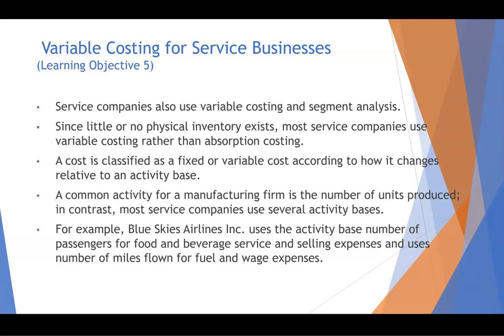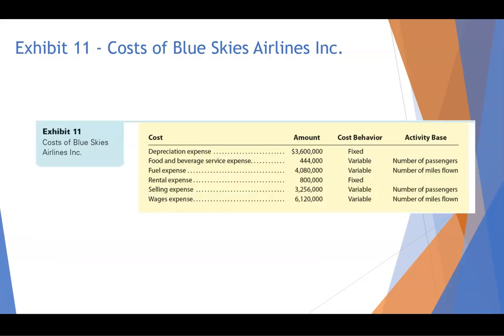Costs are classified as fixed or variable based on how it is changed as a result of the activity base. Most service companies might use several activity bases. An airline uses the number of passengers for food and beverage service, and selling expenses might use the number of miles flown for the fuel or for the wages.